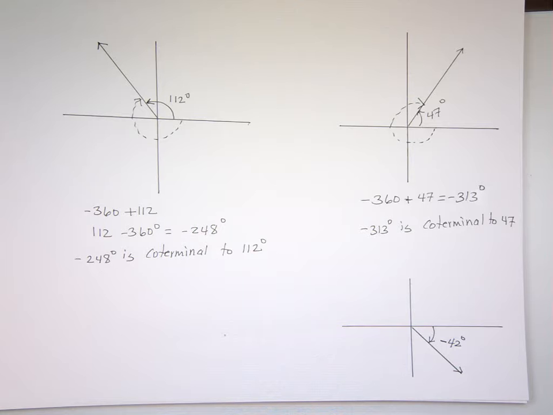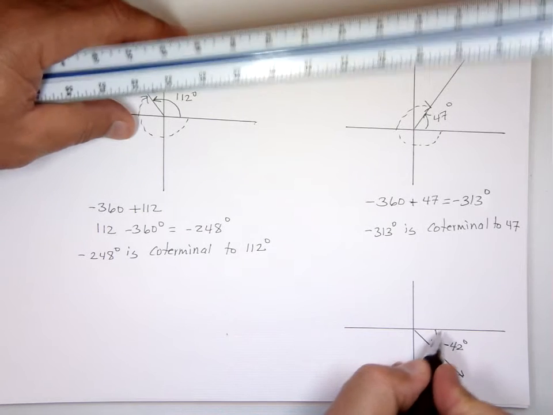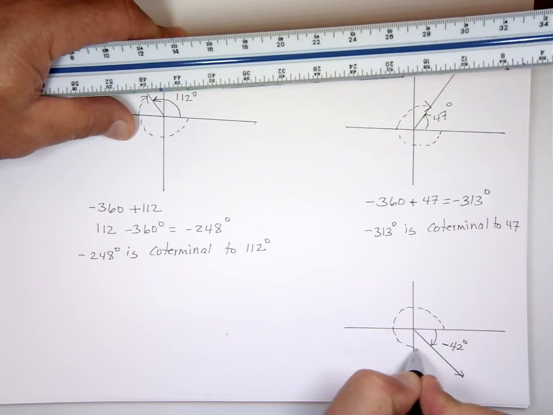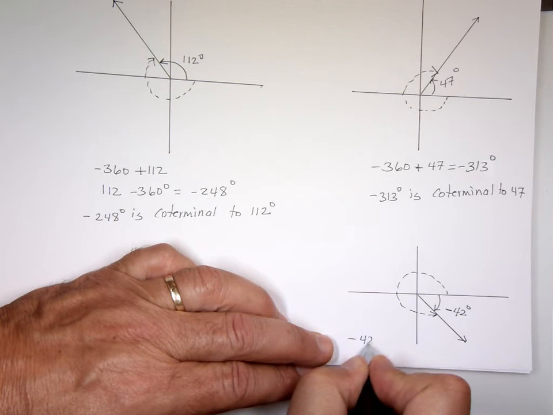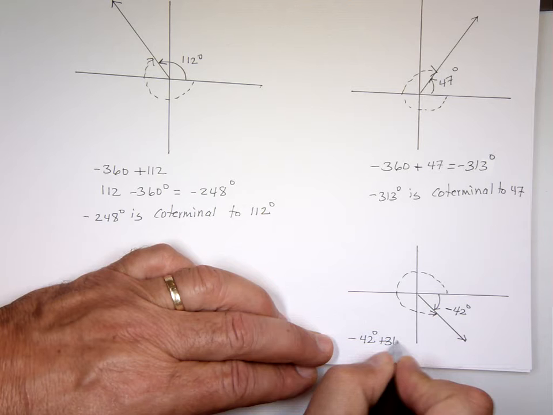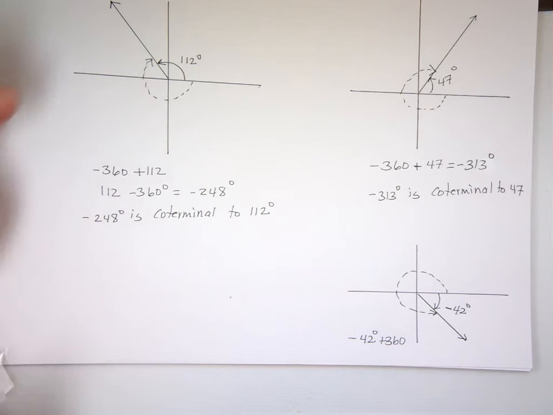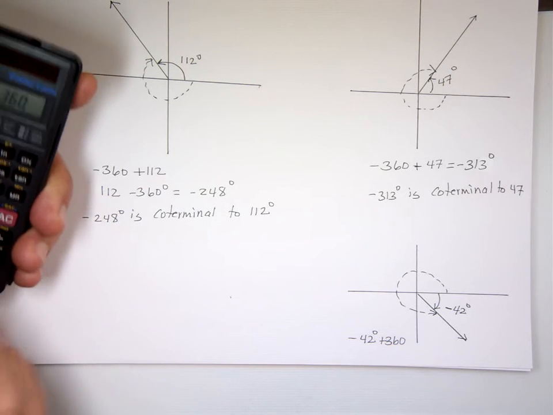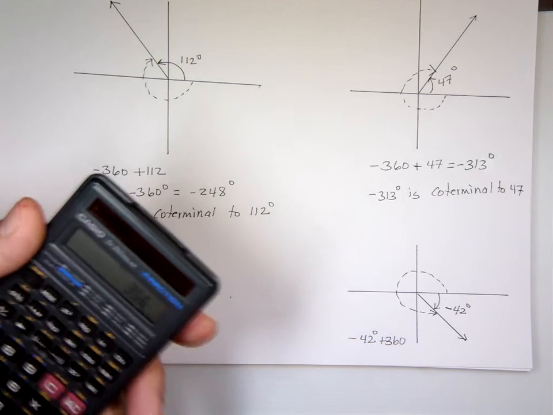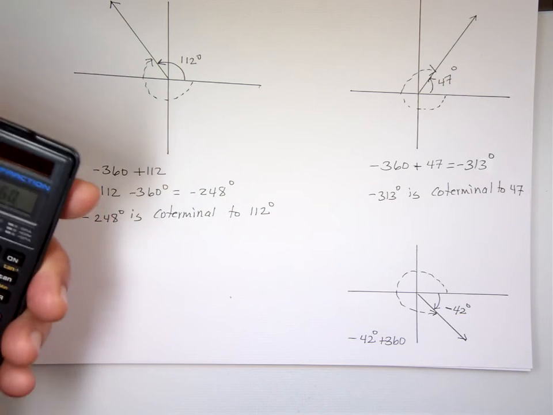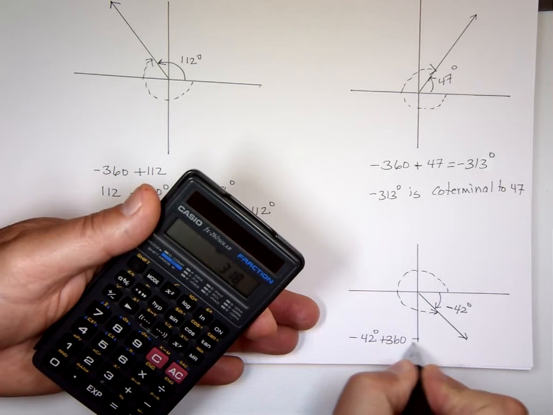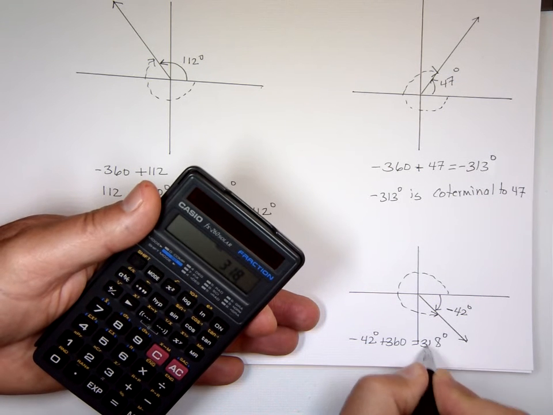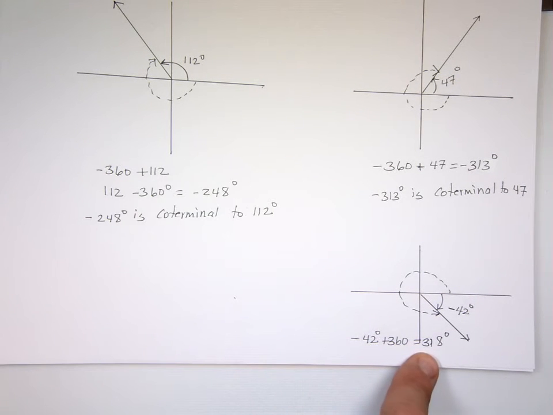You can't subtract 360. It still gives you a negative number. So what you want to do in this case is what? Add 360. So it's going to be negative 42 plus 360, which is 318. So 318 is coterminal to negative 42.